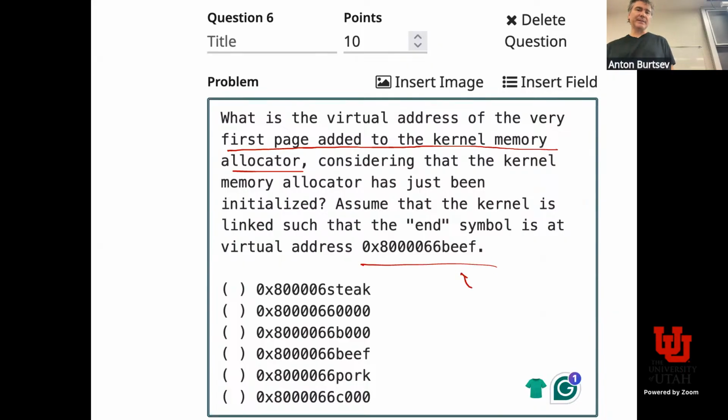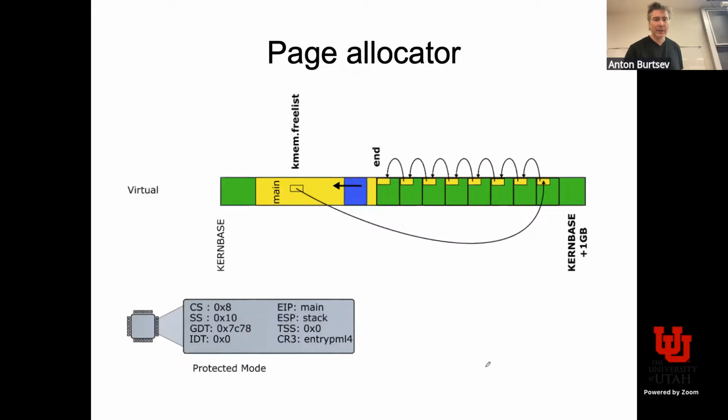That's where the end symbol points. Well, rounded up to the next page. So if you look carefully, maybe it's a little ambiguous here, but end might fall somewhere here, right? And then we round it up, and then all the pages starting from the next page and on will be free pages. Make sense?